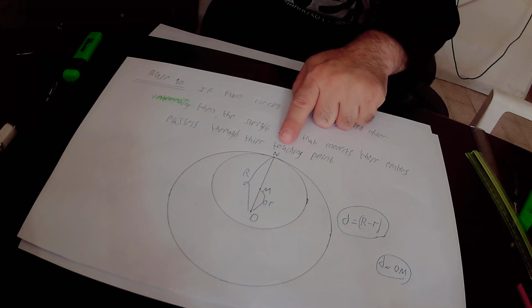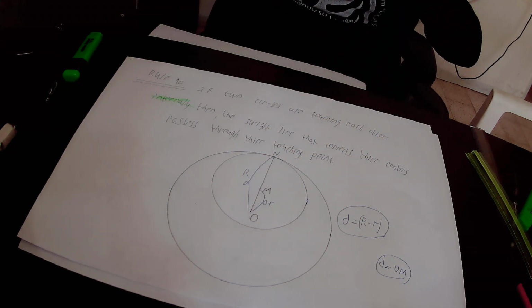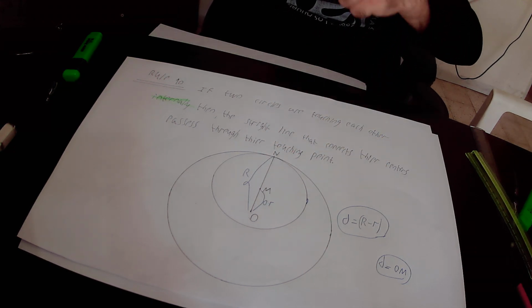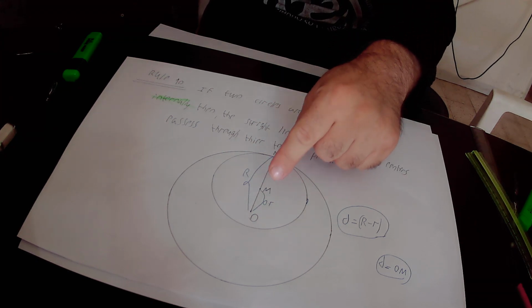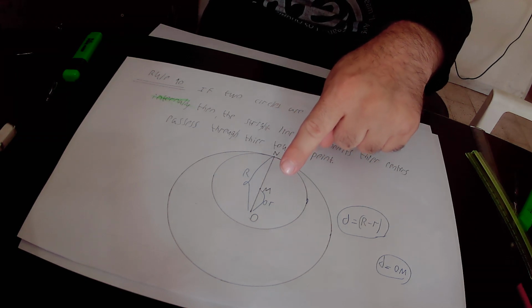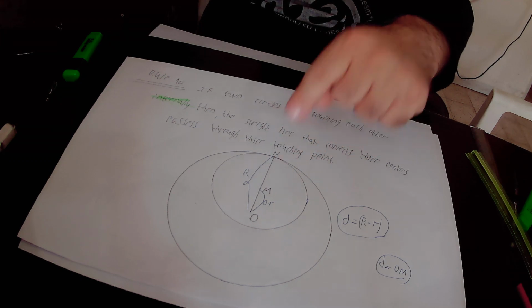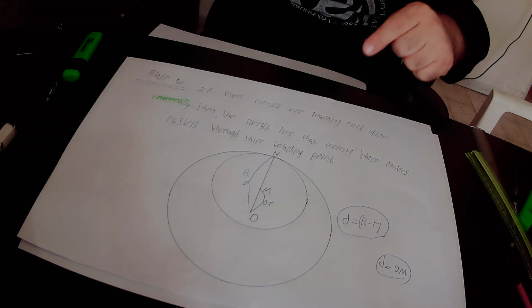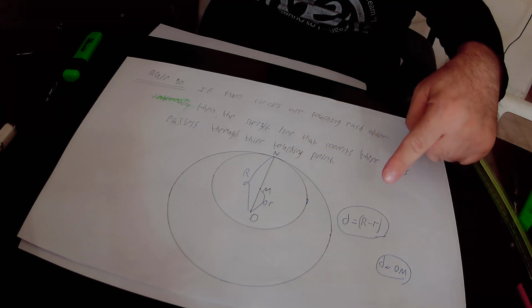Their touching point is at this point, point N. That is to say, OMN is one straight line, and the distance OM between their centers is equal to capital R, that is the radius of the big circle, minus small r, that is the radius of the small circle. So the distance OM, D, equals capital R minus small r.